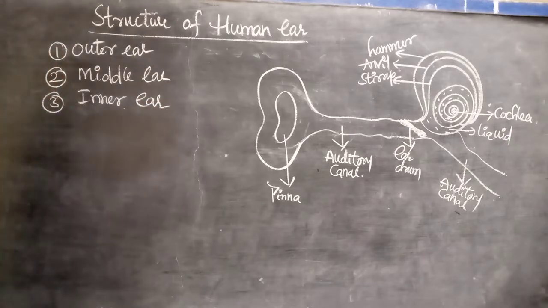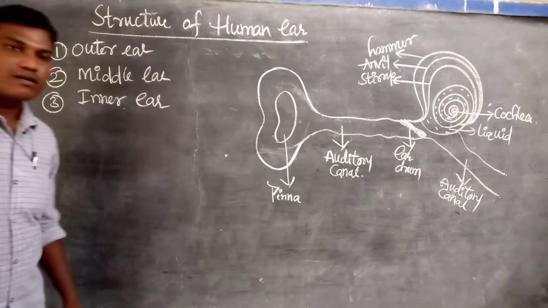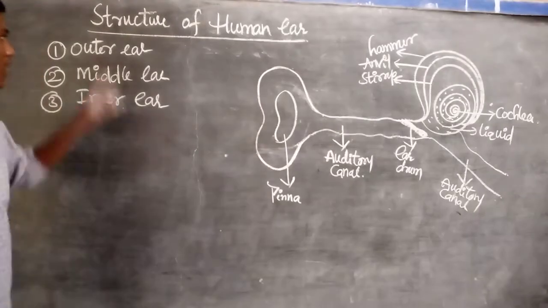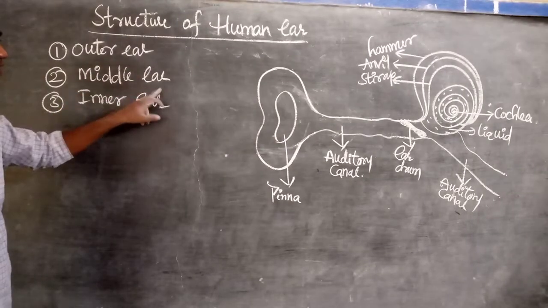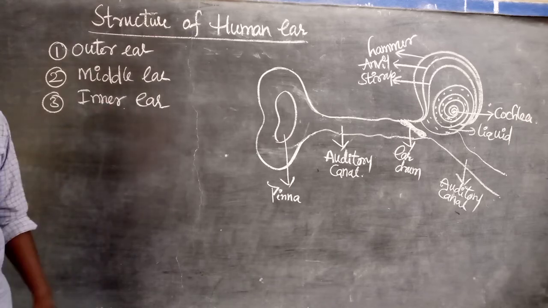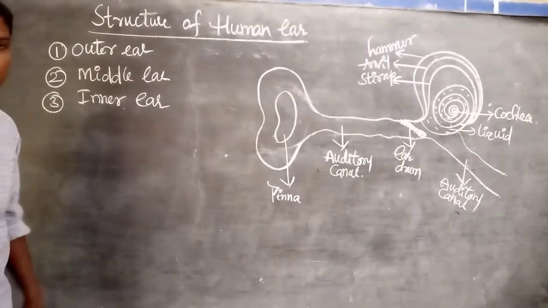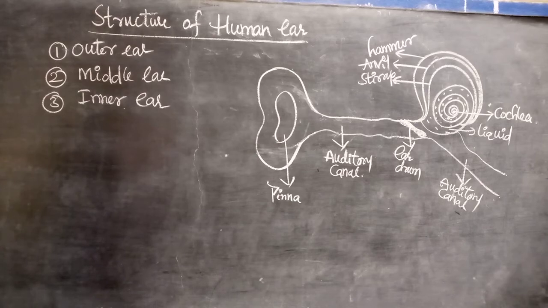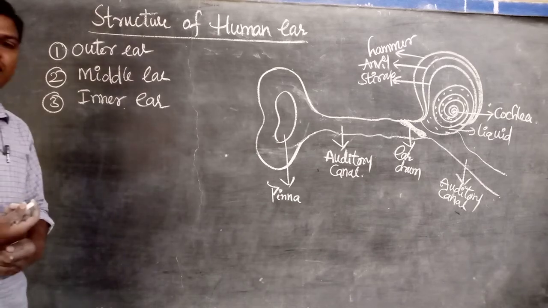So our human ear mainly consists of 3 parts: outer ear, middle ear, and inner ear. Now let us discuss them step by step, and how they play an important role in receiving audio signals, or hearing the audio.